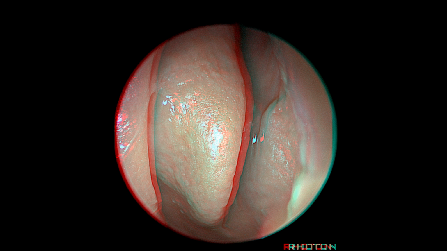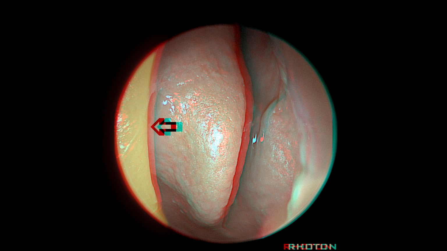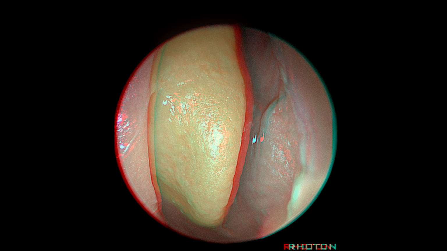Now, opening the bulla is the key to the floor of the anterior fossa, of widening it. And behind the uncinate process, that bony process, is the semilunar hiatus between the uncinate process and the bulla.